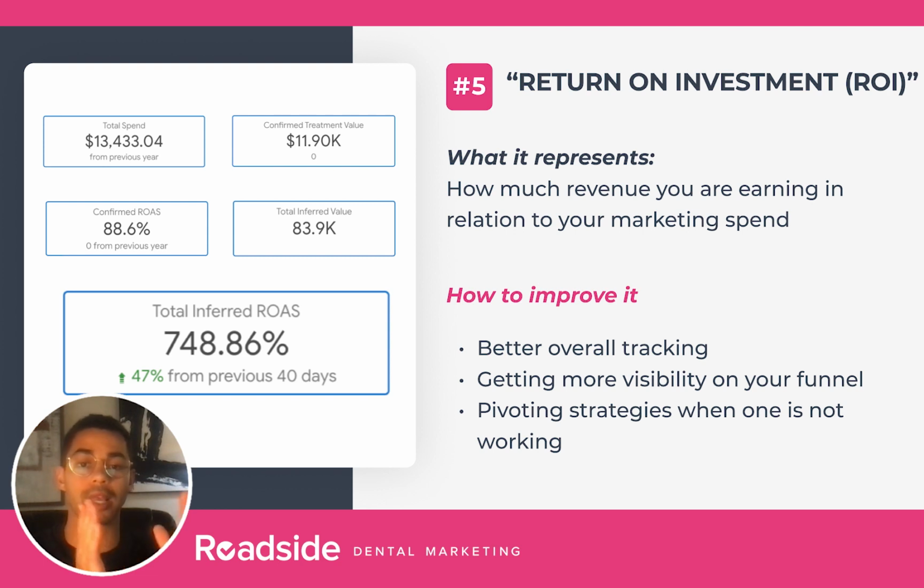Getting your proper tracking from the top of the funnel to the bottom of the funnel is the most important factor. Then you'll get more visibility about what's going right and what's going wrong. And when you know that, you can pivot strategies and make decisions based on real metrics, to get the numbers where you want them to go. That's basically the main thought with this: it's just to be able to tell in a snapshot how well my marketing is working.